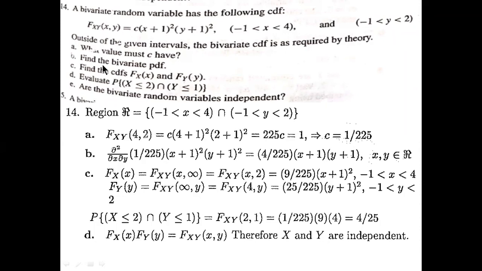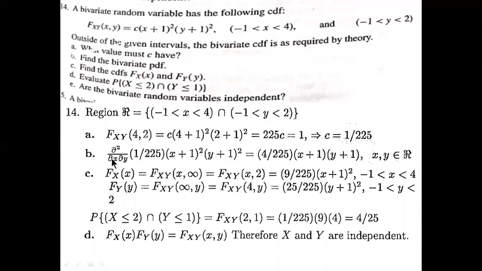Then we must find the bivariate PDF, that is small f of x, y, and that is nothing but the differentiation of this function over here with respect to x and y.